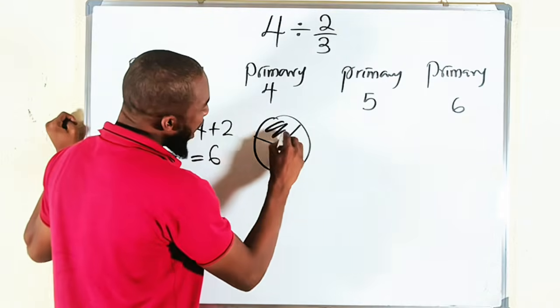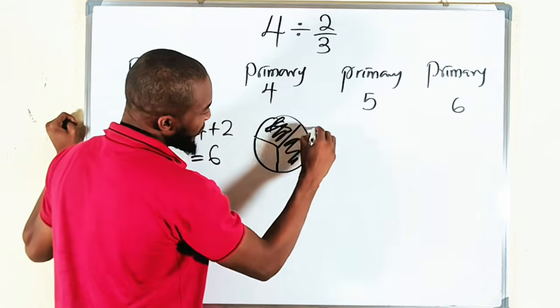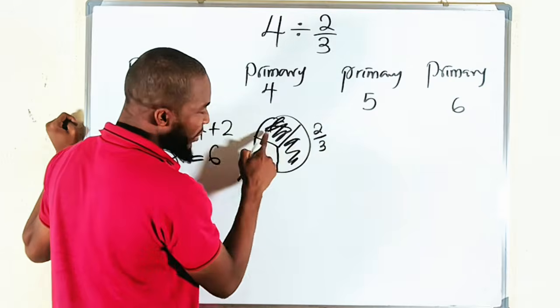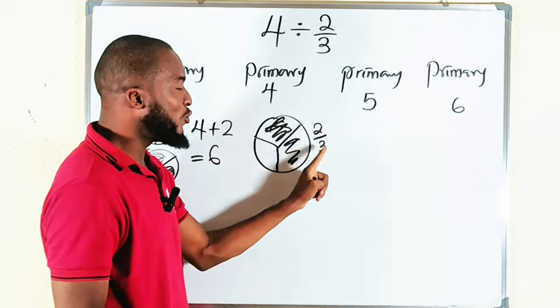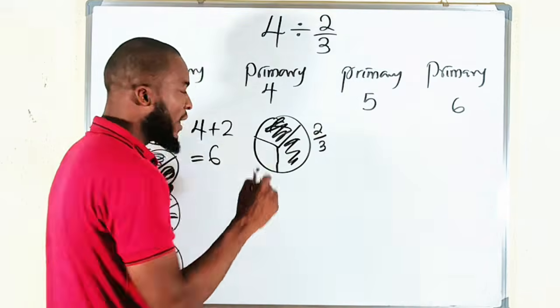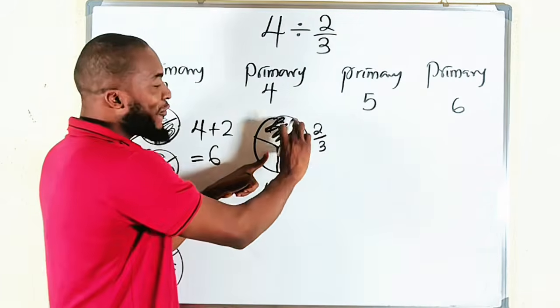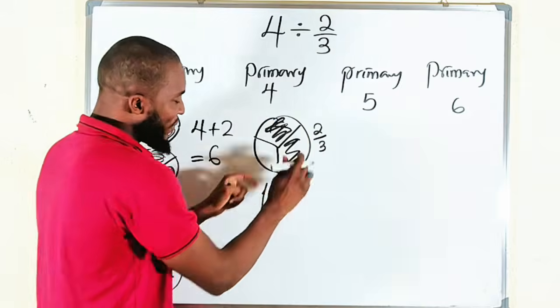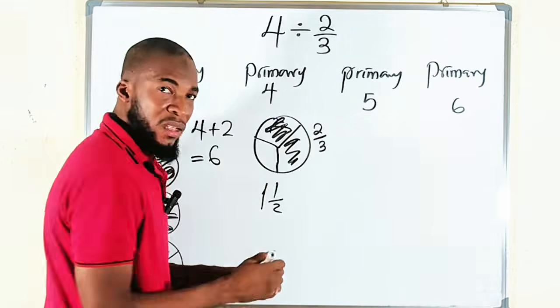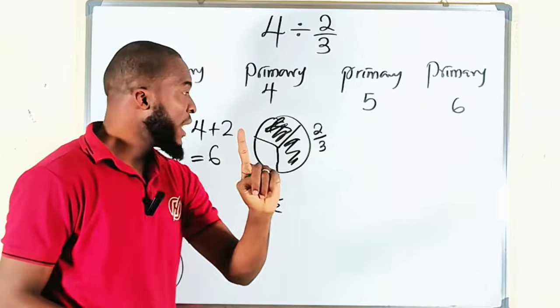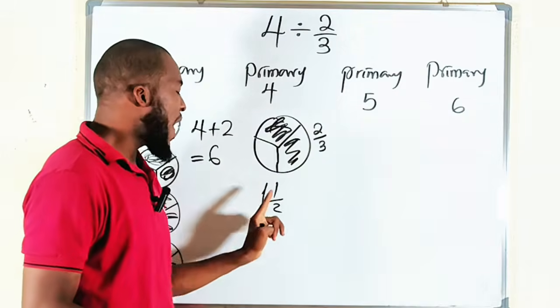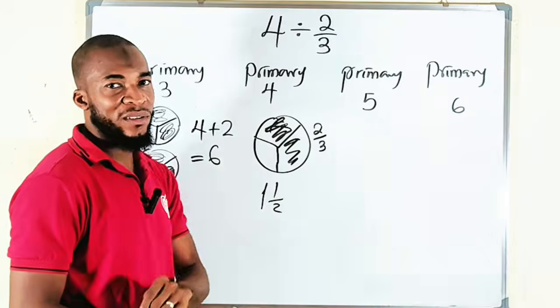So this is 1 complete 2/3. This region that I have shaded is 1 complete 2/3. So I have 1. Then this region is half of this. It means that in every single whole, you can find 1.5 of these 2/3.